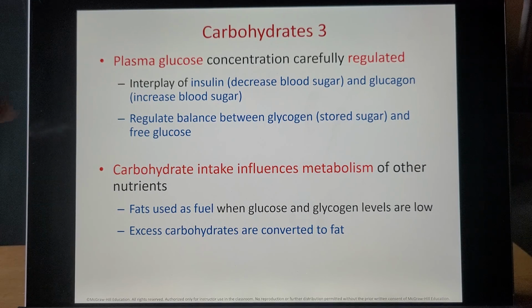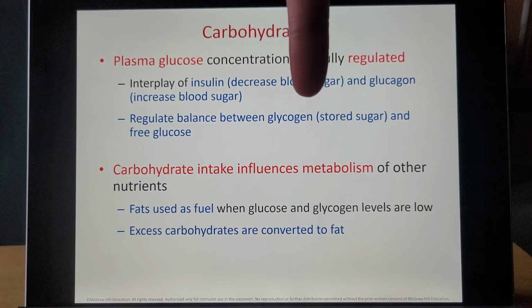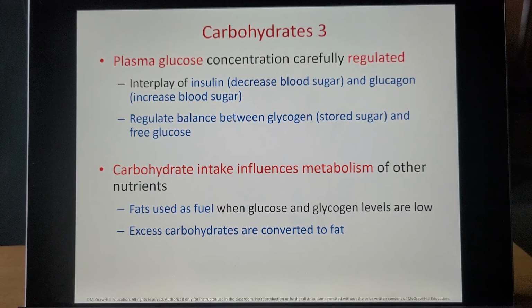While glucagon is going to increase blood sugar levels, breaking down the stored fuels so that you can have enough glucose in the bloodstream for these cells whenever they need it. So this is going to regulate between our glycogen, which is our stored glucose, and the free glucose that's hanging around in our plasma. Depending on how many carbs you take in, it's going to influence the breakdown of your other nutrients.